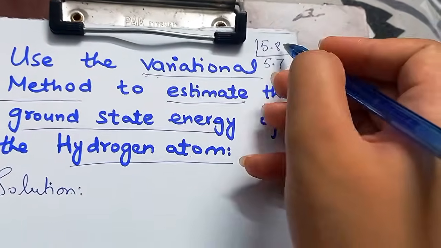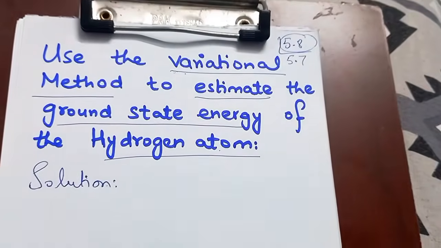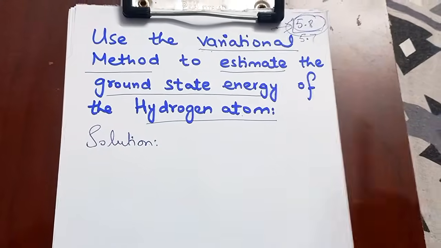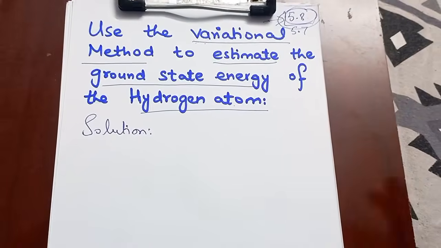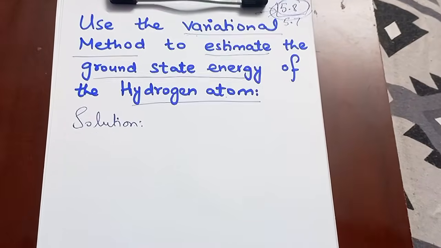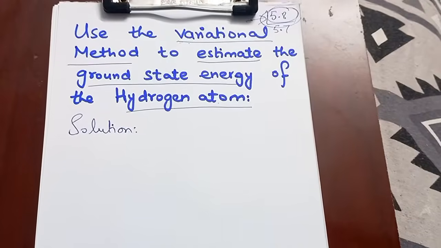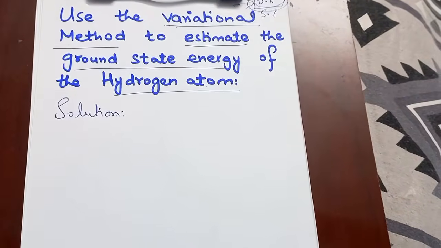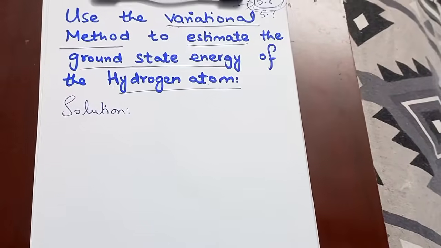So there is a possibility of some error from the true value, since the variational method is an approximated method. Here we get approximated results, and we can possibly get the exact results if we make a good guess about the wave function of the system under study.